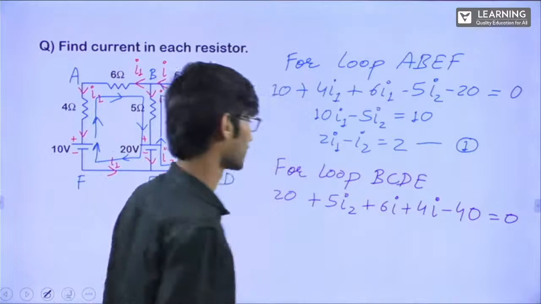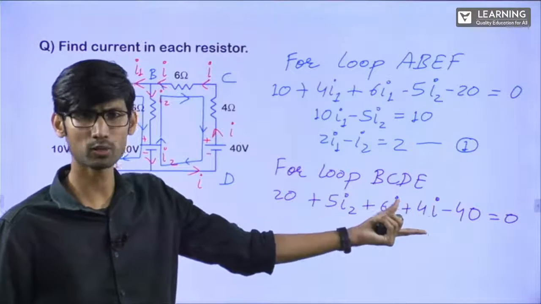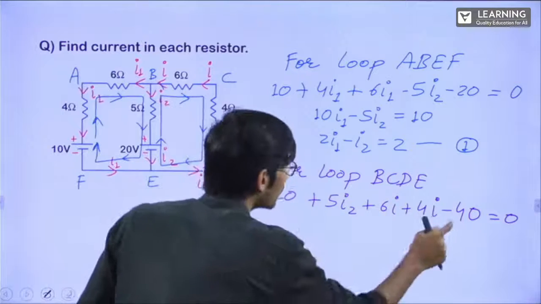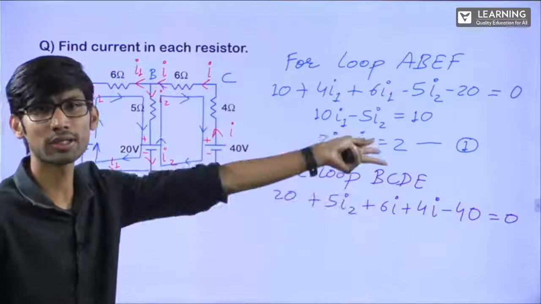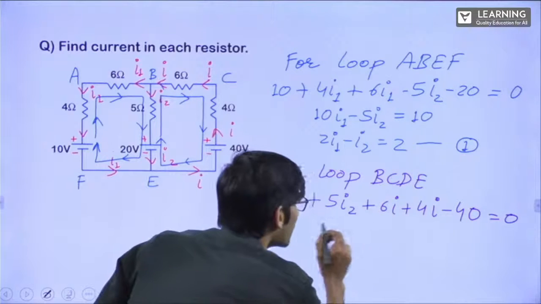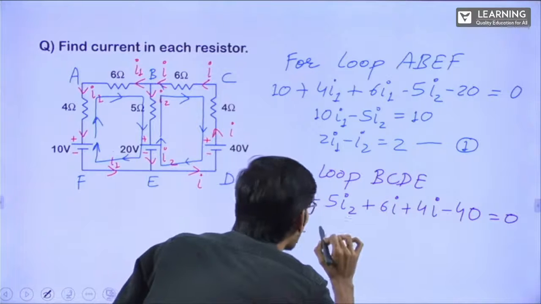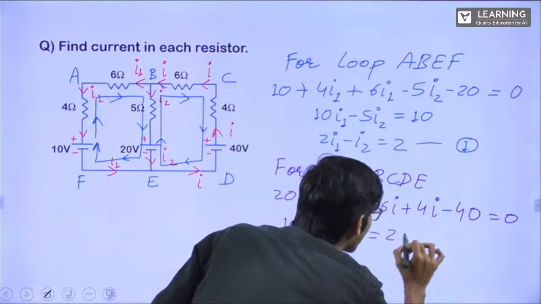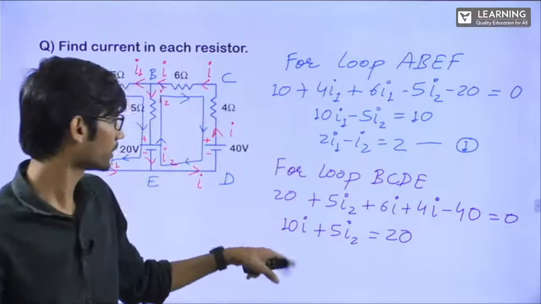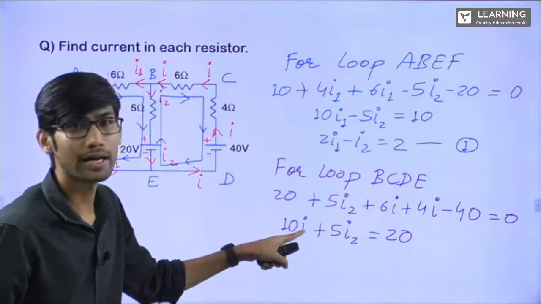Two equations. This I, we can actually expand it. We can write I1 plus I2, correct? So this will be, now first 20 minus 40 is -20. If it will go to the other side, it will become plus 20. Now 6 plus 4, 10I plus 5I2 is equal to 20, correct? See? Now this I will be I1 plus I2.